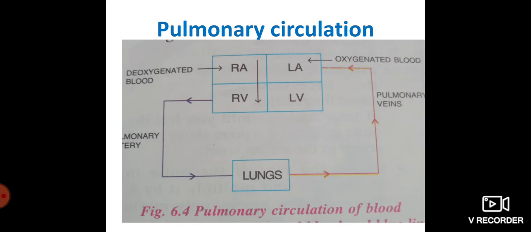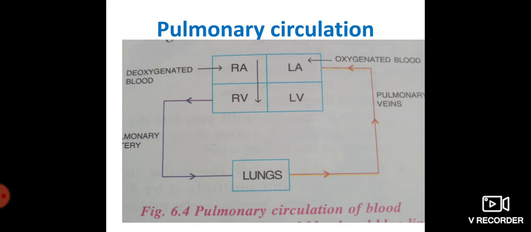So in pulmonary circulation, the blood flows from the right side to the lungs for oxygenation. What is meant by oxygenation? The addition of oxygen into the blood.